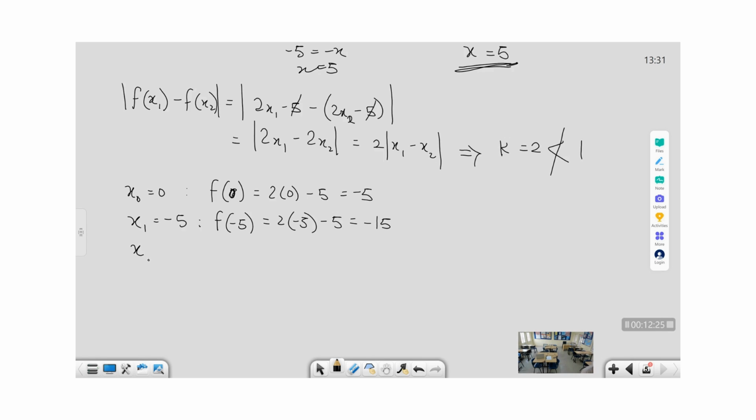Now if you try for x2, even with that value, we already know that we are tending towards a divergent sequence. So you have f of minus 15 equals 2 times minus 15 minus 5, and when you work this out, you have minus 30 minus 5, that's minus 35.